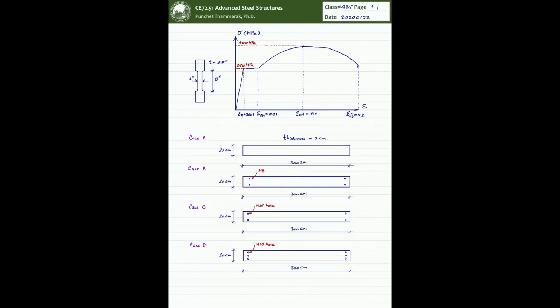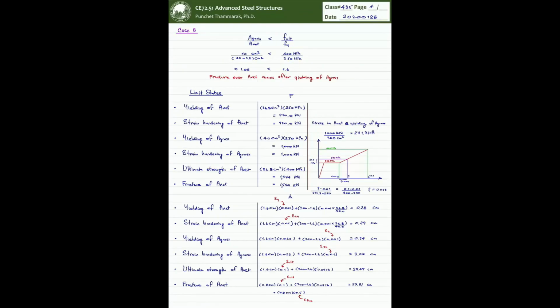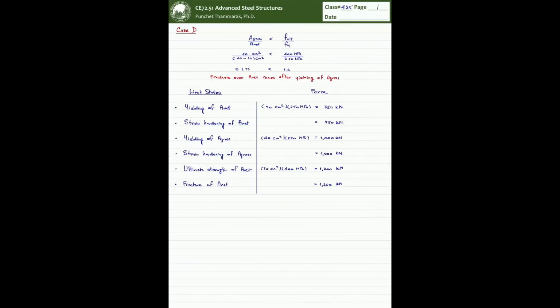If it is 2.5, then it is just right at 1.6, so everything is gonna happen at the same time. Okay, M30, this is okay. This is good, so it is not on the borderline.